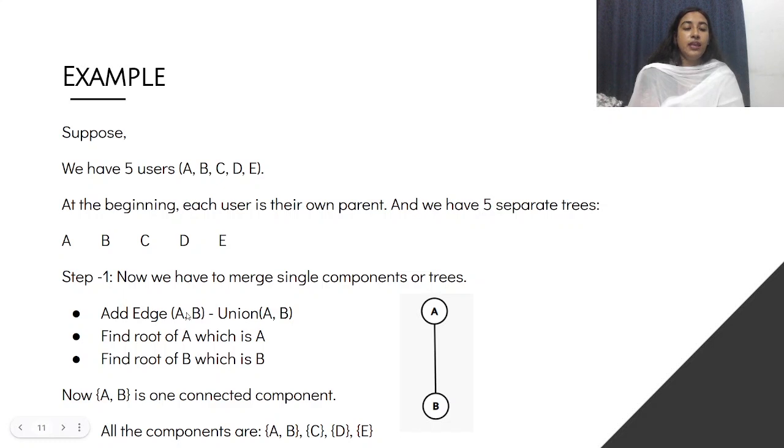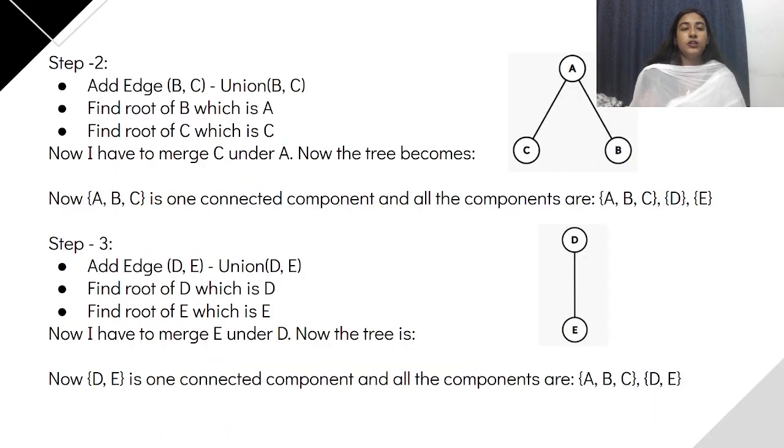If I add A and B, then union of A, B, then find the root of A, which is A, then find the root of B, which is B. So A and B is a connected component. All the components are A, B, then C a single component, D is another single component and E is another single component.